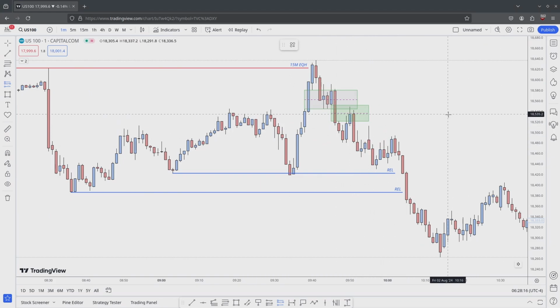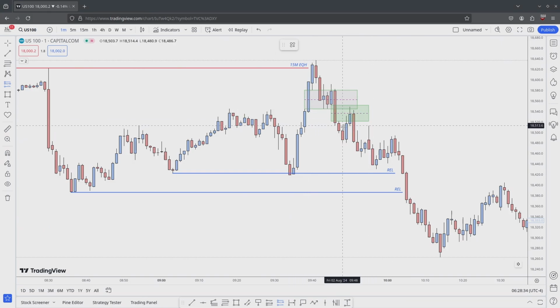Now, for this to be viable for us, we would look for price to trade into the fair value gap consequent encroachment. So that'll be the mean threshold.